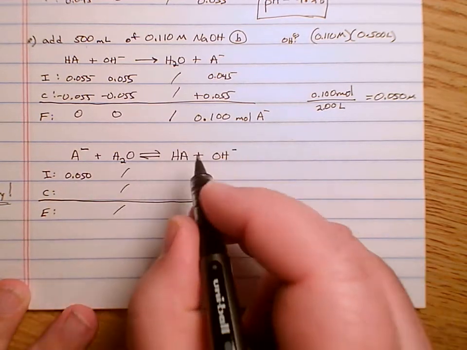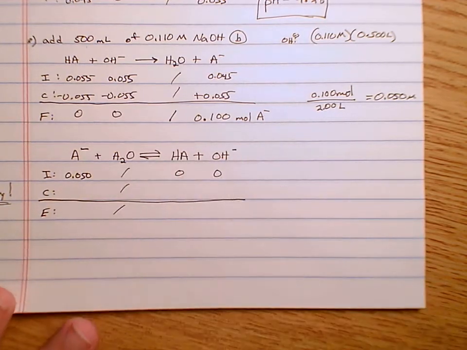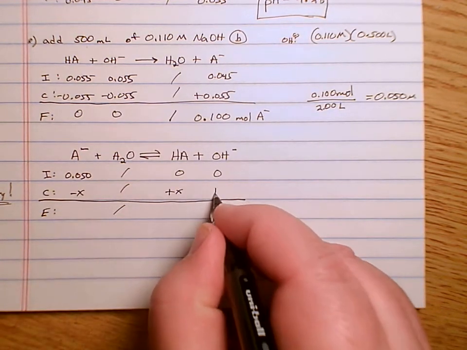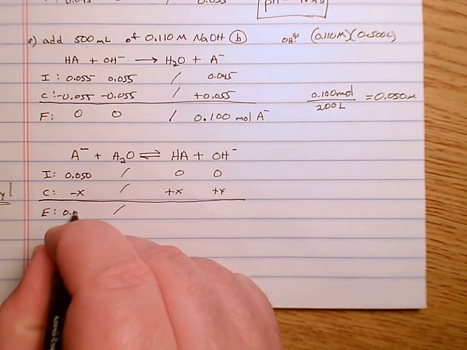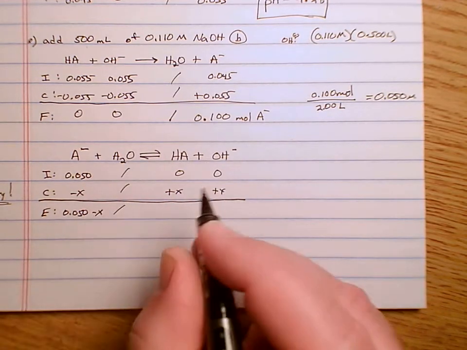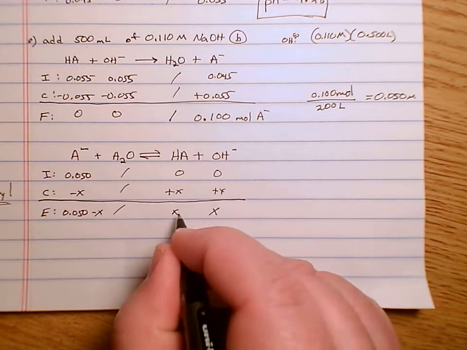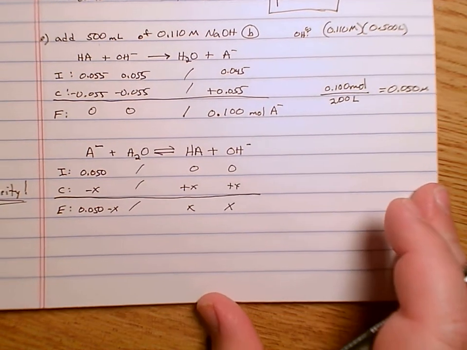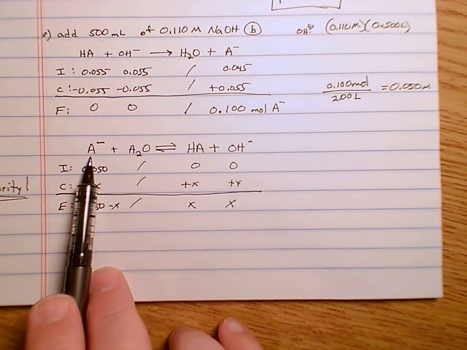We're not going to worry about the water. And this is before any dissociation. So we have minus x, plus x, plus x, and 0.050 minus x, x, and x. Now recall that this is the base reaction.